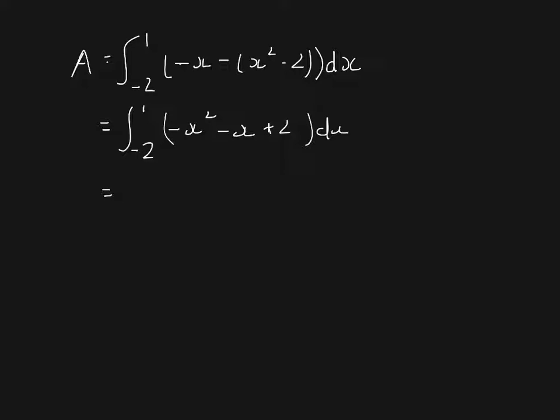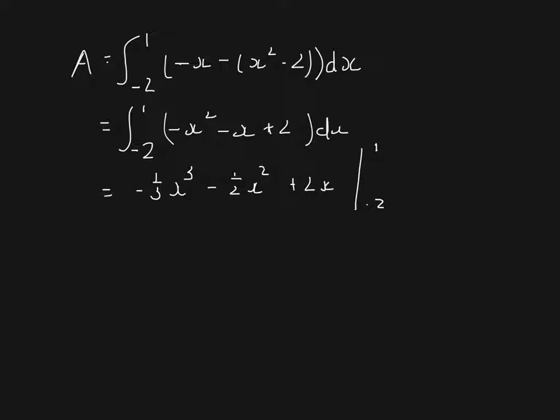So we have minus a third x to the power 3 minus a half x squared plus 2x, and that is all between my boundary conditions, negative 2 to 1.